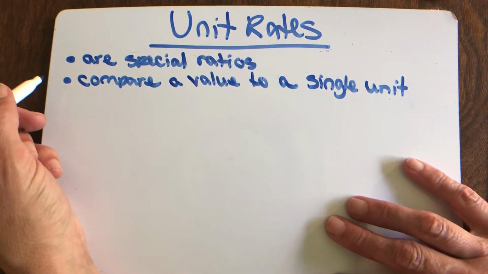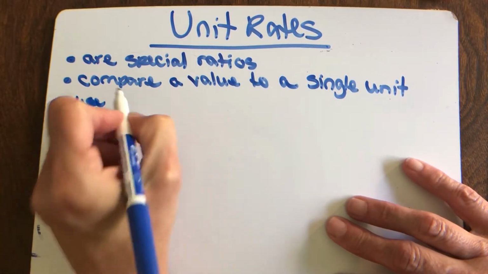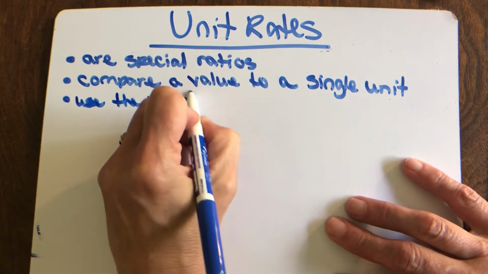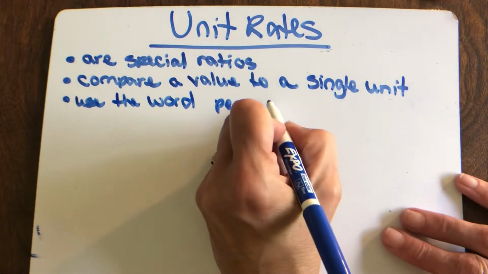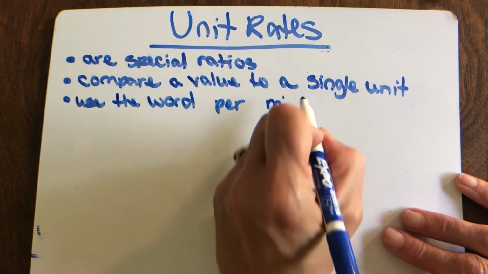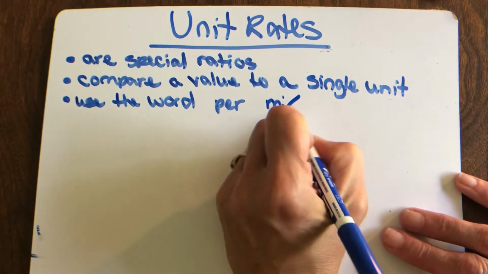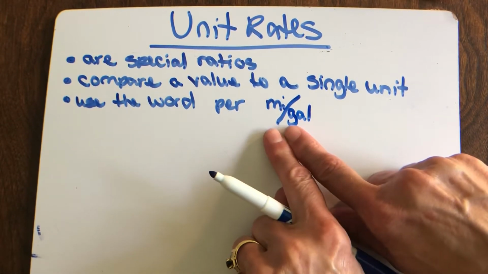All right, so unit rates also often use the word per, P-E-R. And it looks like this, miles, and this time we're going to do that slash kind of slanted. Whereas in fractions, I tell you not to do a slanted because it can get mistaken for a number one.